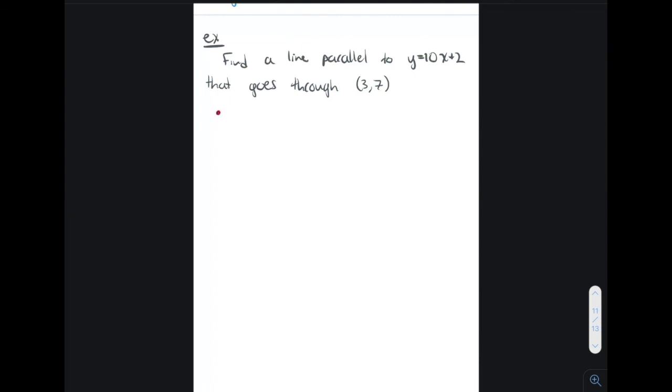So what's the information that we know? We can recall that parallel lines have the same slope, and in this case the slope of the line y equals 10x plus 2 is 10. So we know that the slope of our function we're trying to construct will be 10.